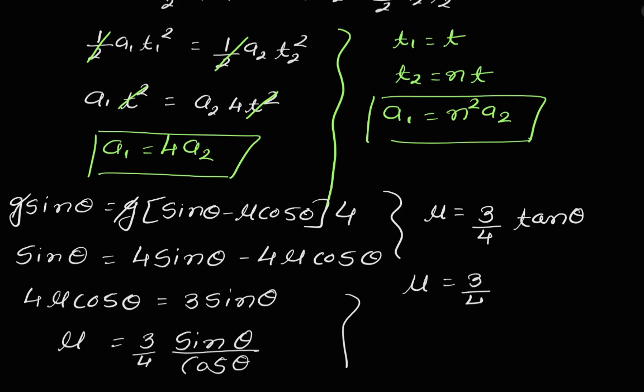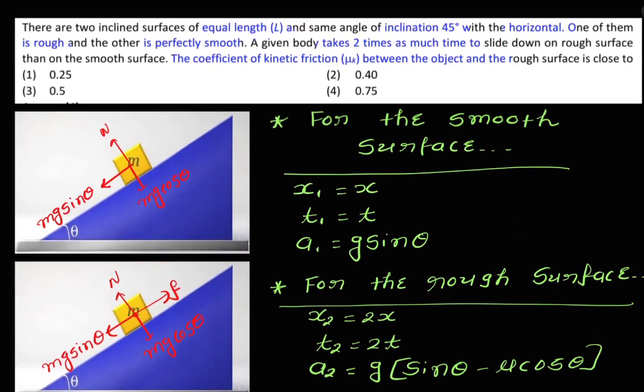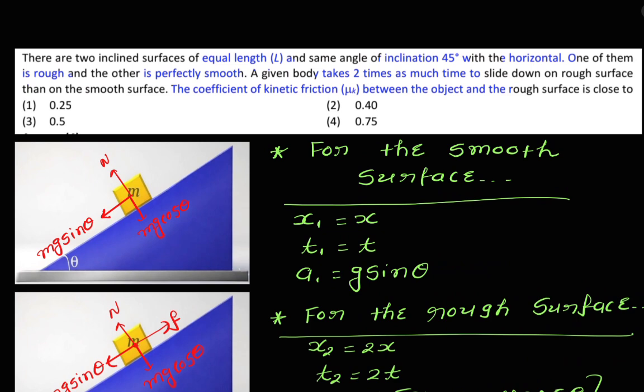So mu is equal to 3 by 4 multiplied by tan 45. Tan 45 is 1, and 3 by 4 into 1 means the answer will become 0.75. So we get the answer mu is equal to 0.75, and the correct option is option number D, mu is equal to 0.75. Clear बच्चों?